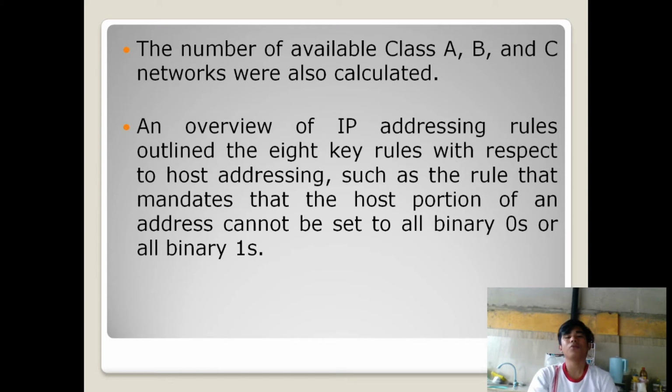An overview of IP addressing rules outlined the 8 key rules with respect to host addressing, such as the rule that mandates the host portion of an address cannot be set to all binary 0s or all binary 1s.